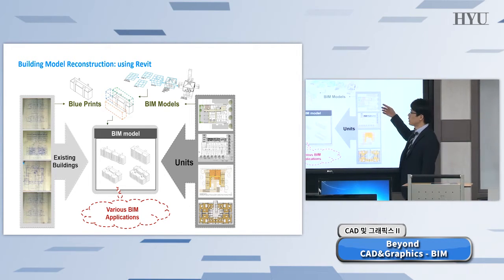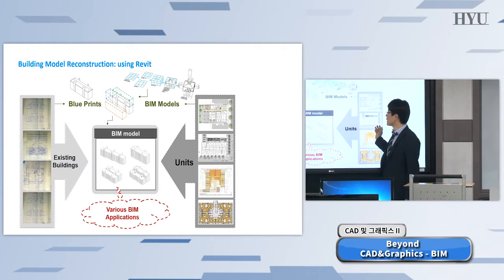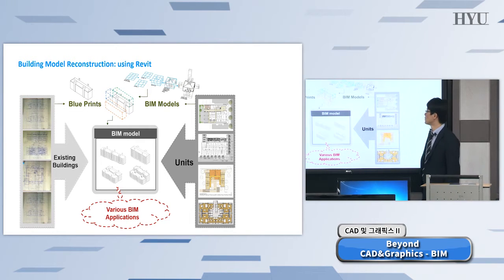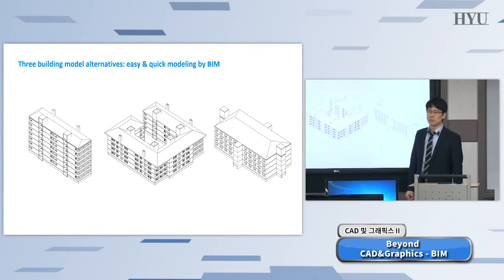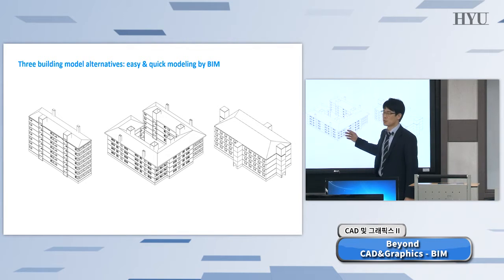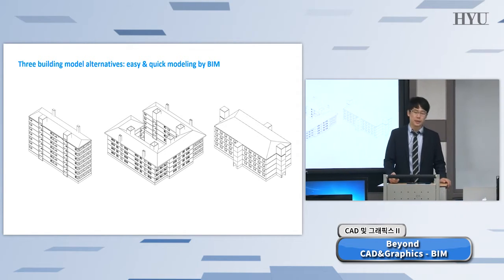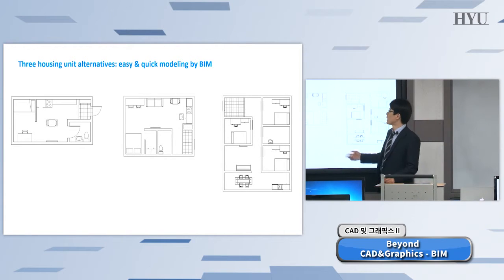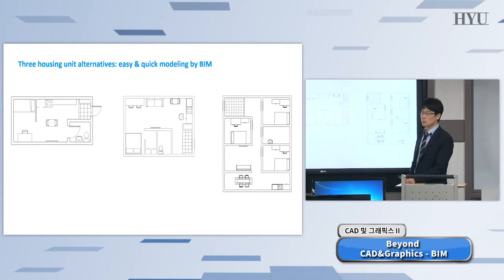So unit plans can be separately designed by experts, and they can be loaded into this building model in order to make some design alternatives. At that time, we generated those vertical extensions, annex buildings, and new construction additions. And also, take a look. I list only 3 design unit modules.